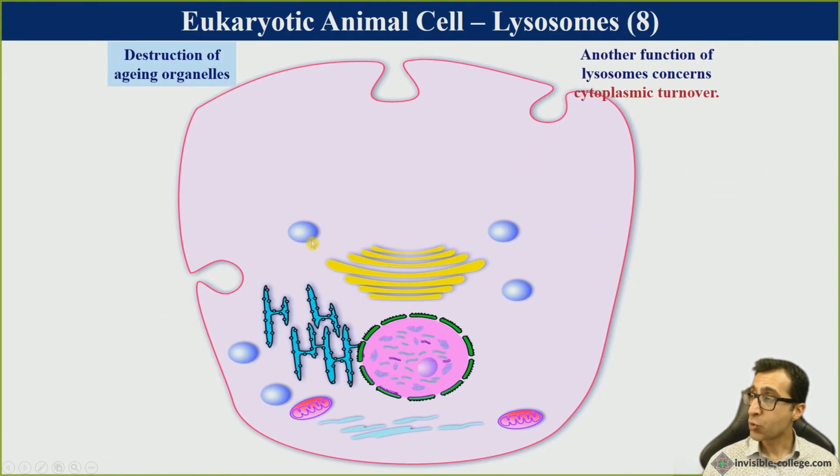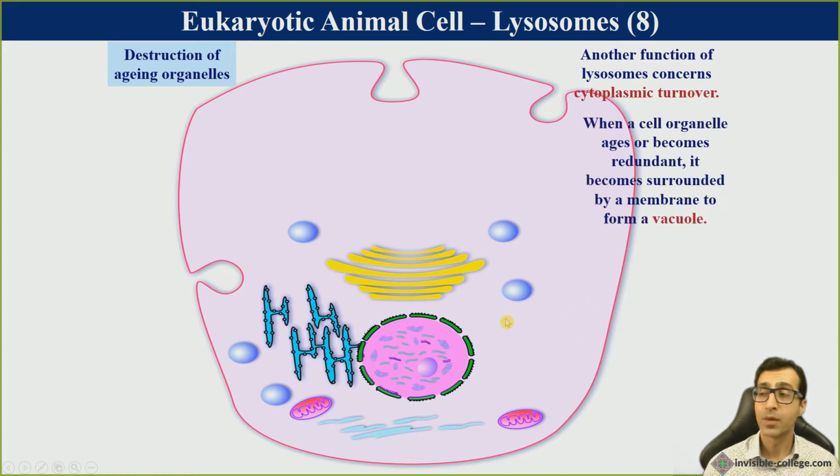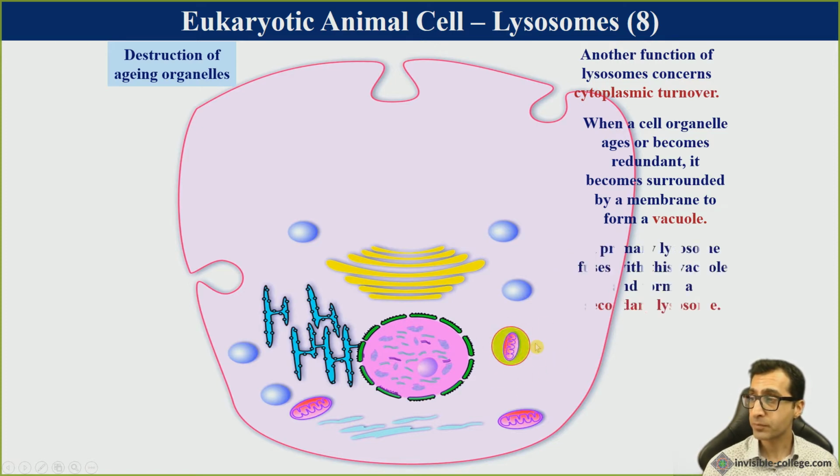You can also destroy aging organelles by this same process. So another function of these lysosomes is to break down organelles which have reached the end of their useful lives and need to be broken down, and their constituent parts, the proteins and so on, recycled to form new organelles. So another function of lysosomes concerns cytoplasmic turnover. So when a cell organelle ages or becomes redundant, it becomes surrounded by a membrane to form a vacuole, like this.